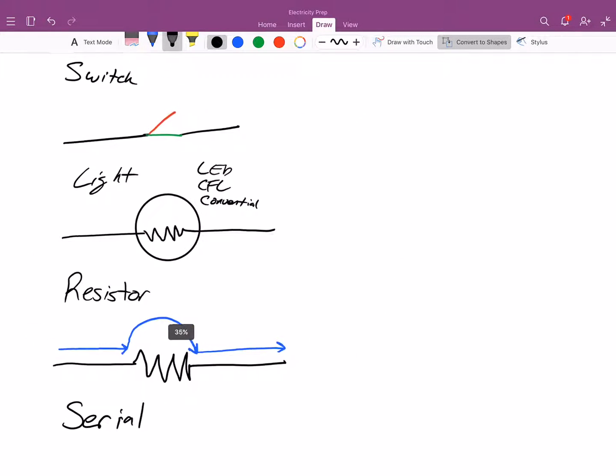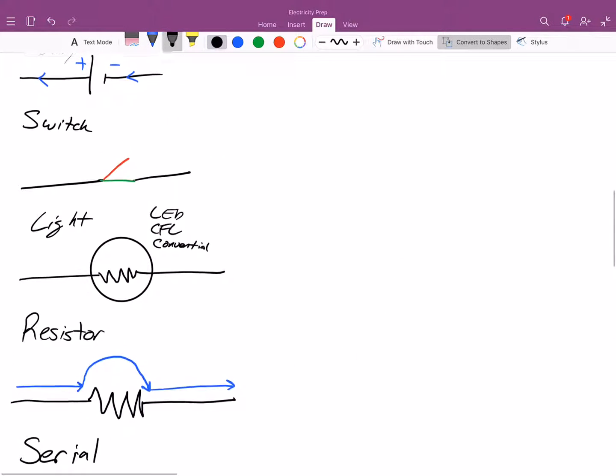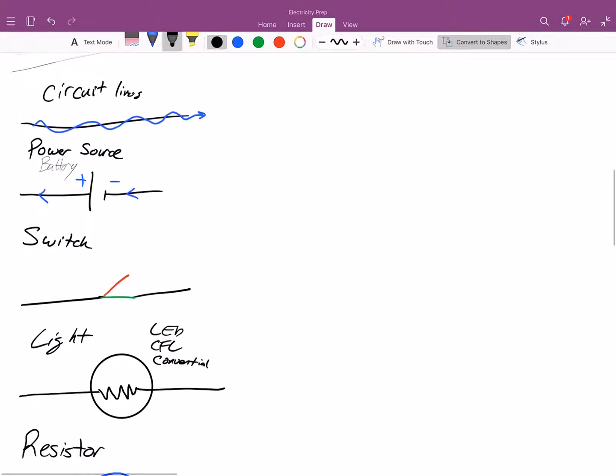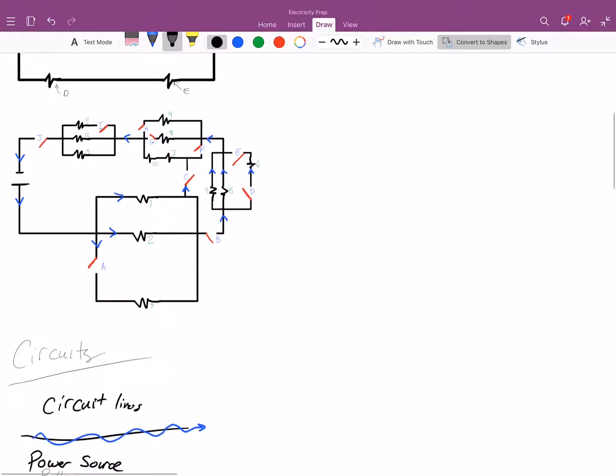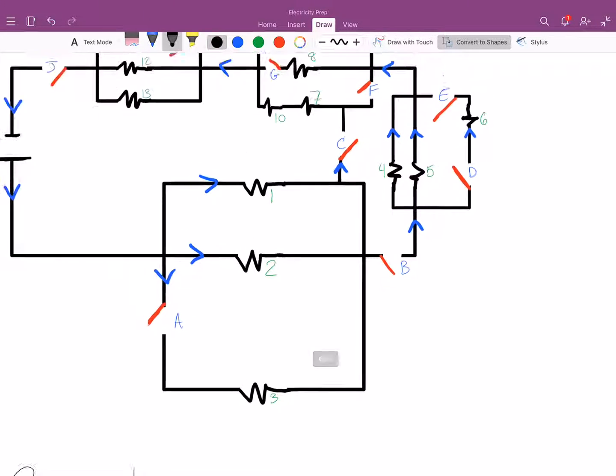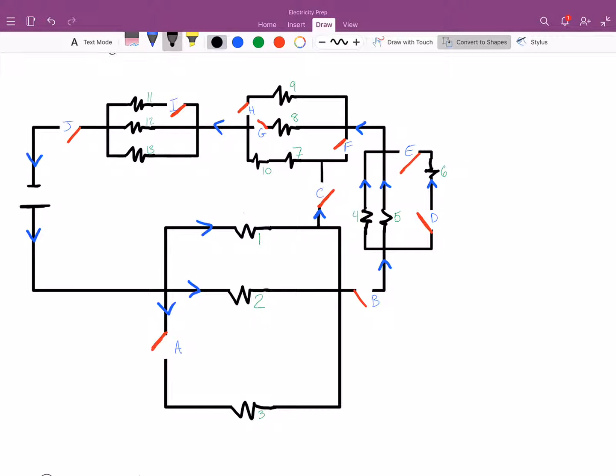Now over time, these circuits will start to form more complicated diagrams, such as the one pictured in this image. You have your power source located in this area, and electricity will flow through counterclockwise. You will meet 3 sets of resistors.